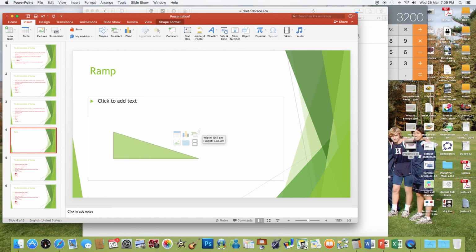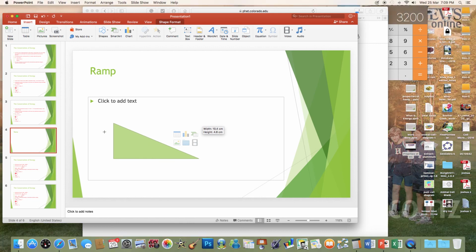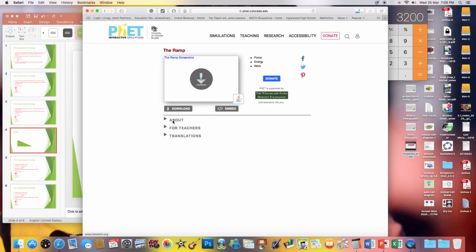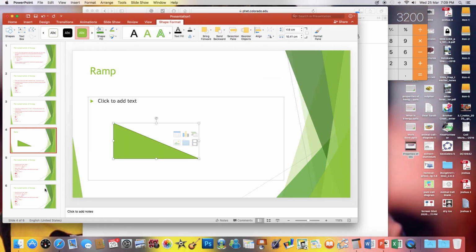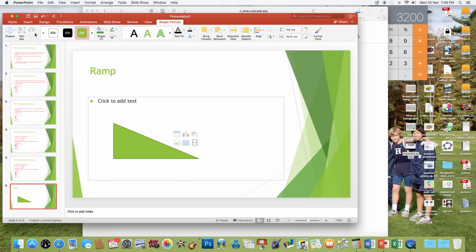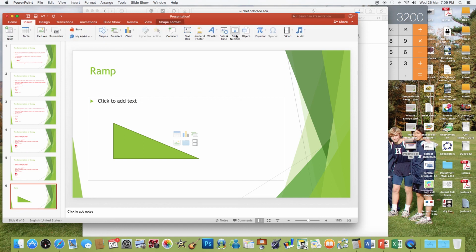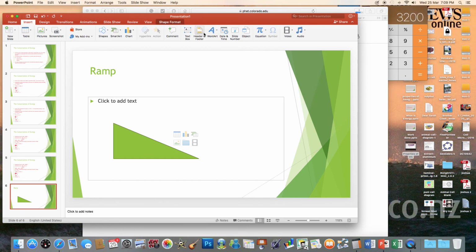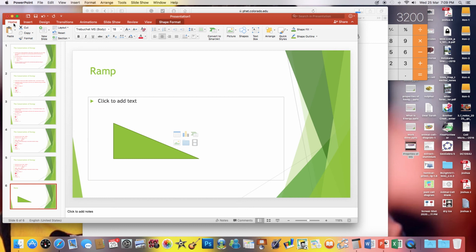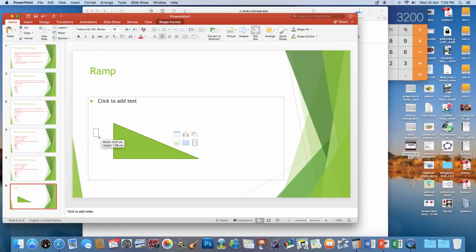So here we have a ramp, and let's say it's 1 meter high here. So I'm going to make this 1 meter here. I can put a text box in here.